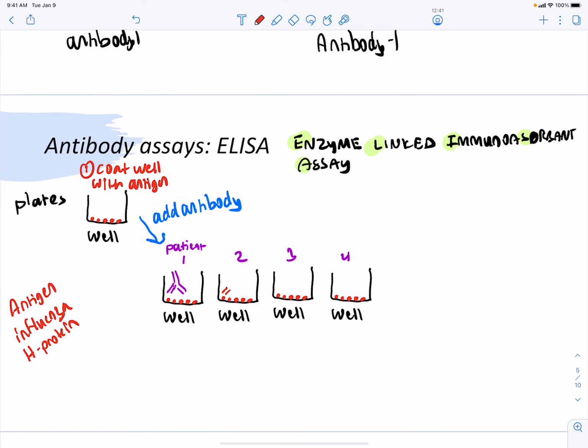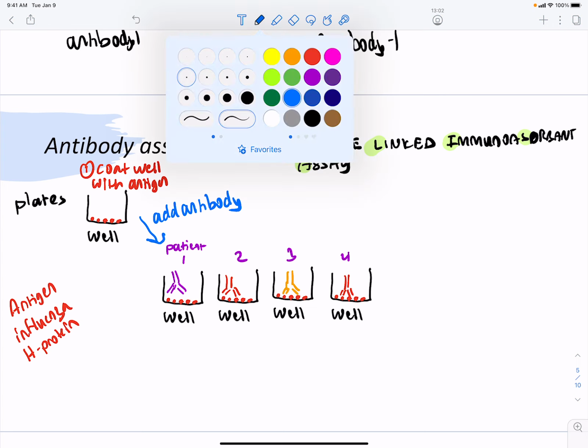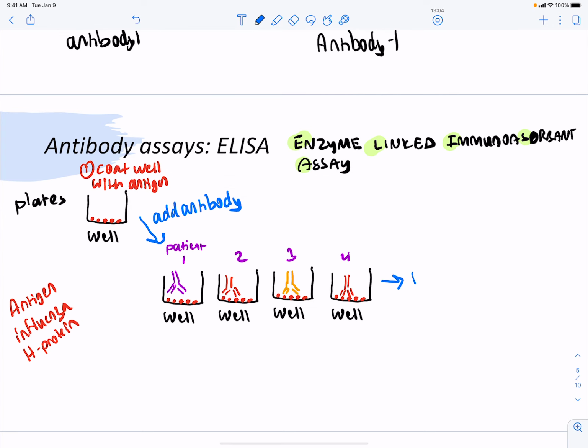We have our person 2 that has those red antibodies. Patient 4 will also have those red antibodies, and patient 3 and patient 1 do not. And so basically the antibodies will bind, and then you're going to have a step where you wash the plate.